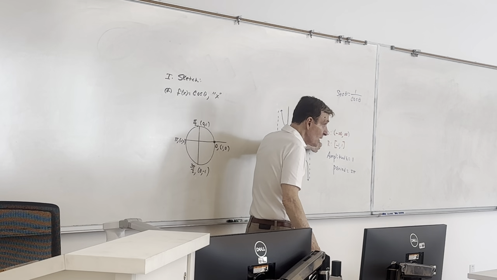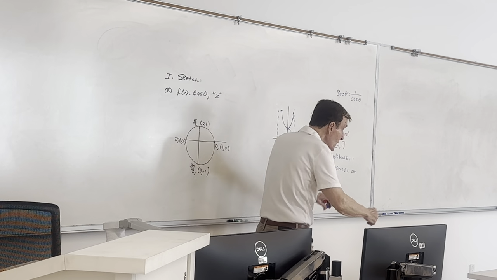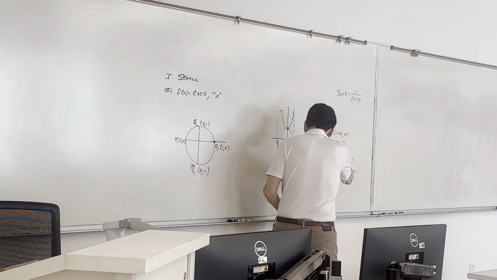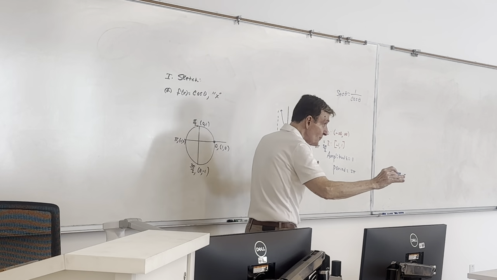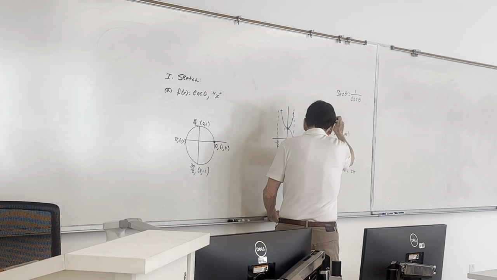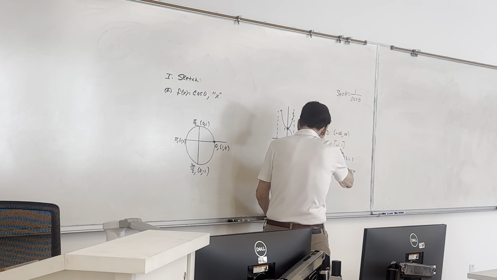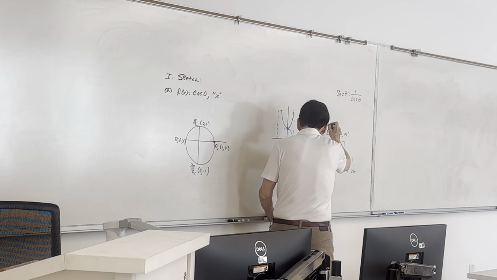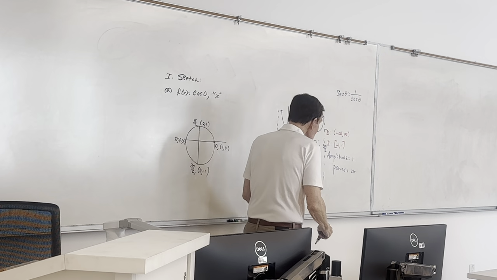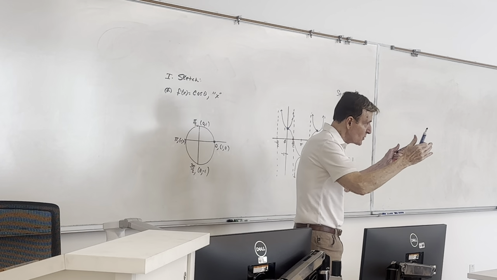If I extend it over here, I think the next point over here would be pi over two, and that would be an asymptote. And if I had extended over there, the piece would do this. That's what we want. We want a full cycle.